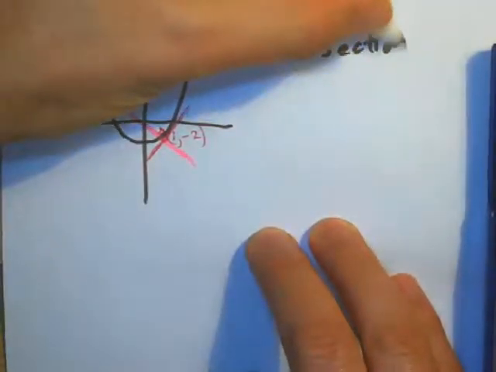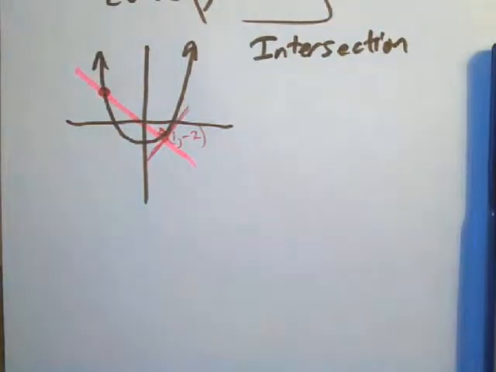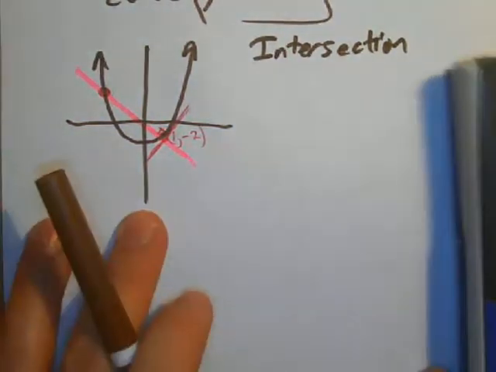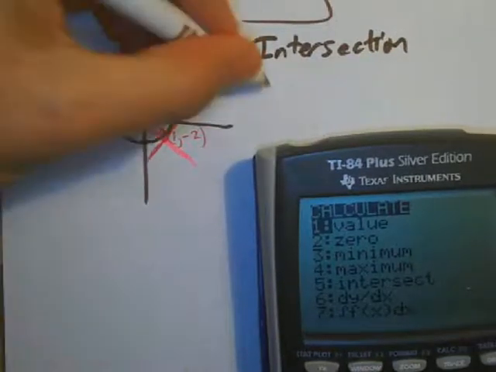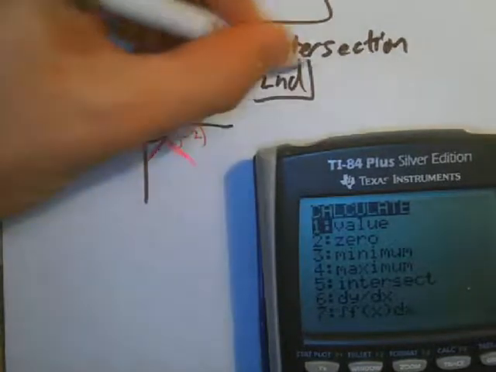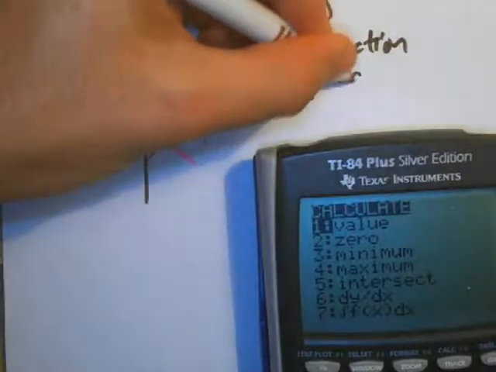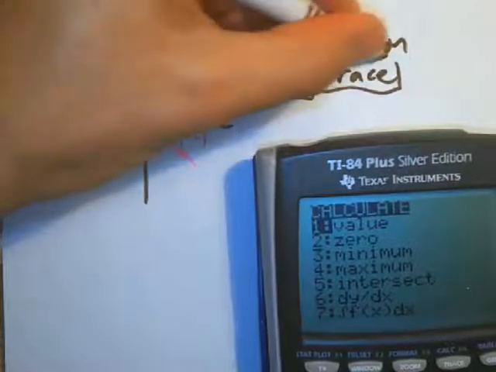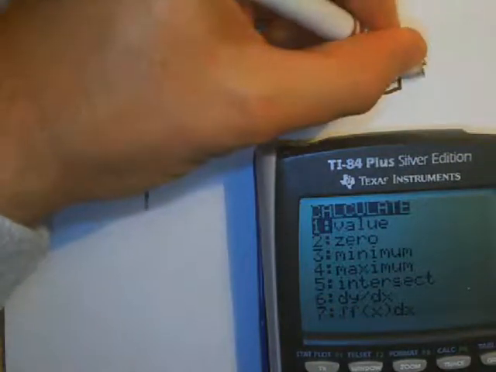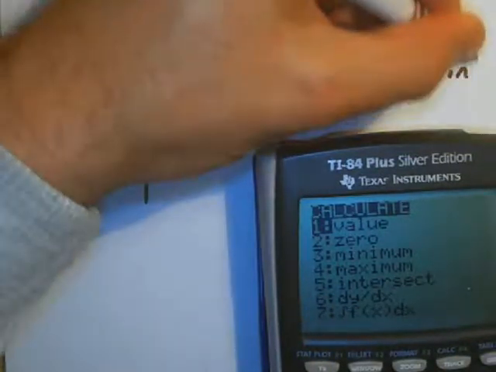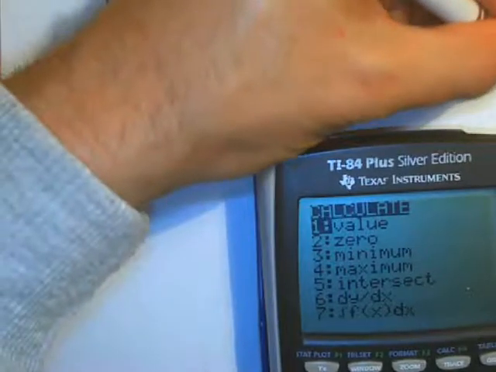Well, just like we did on the previous example, we're going to do second trace, and then we're going to choose 5 for intersect. Right?